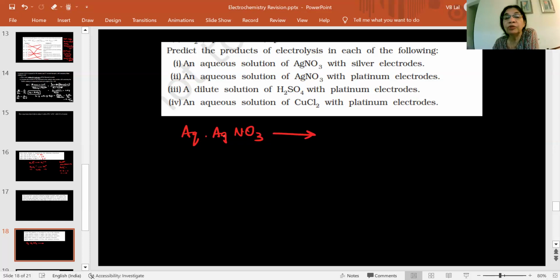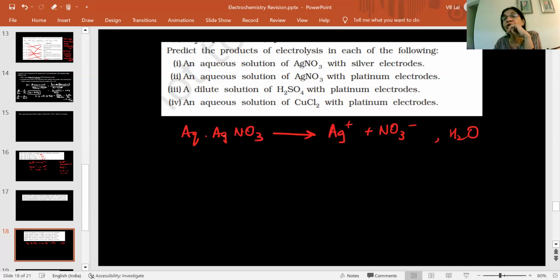It will contain water and it will ionize into Ag+ and NO3-. And there will also be water. So what did I tell you? What is deposited at the electrode depends on the position of the element in the electrochemical series and on the nature of the electrode.